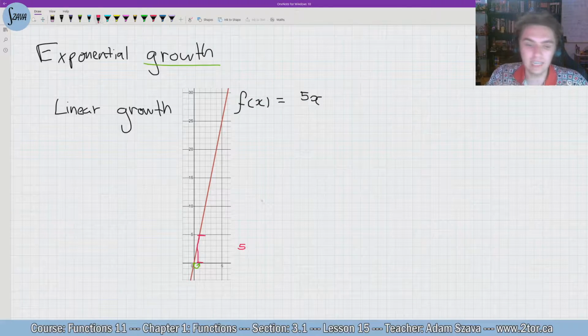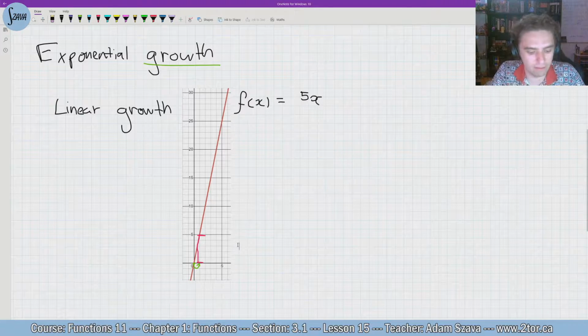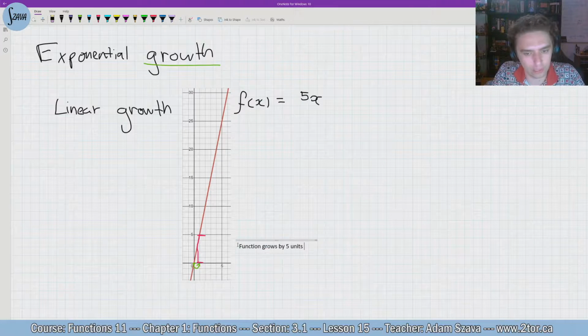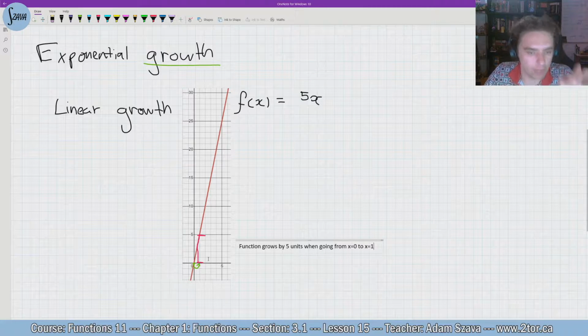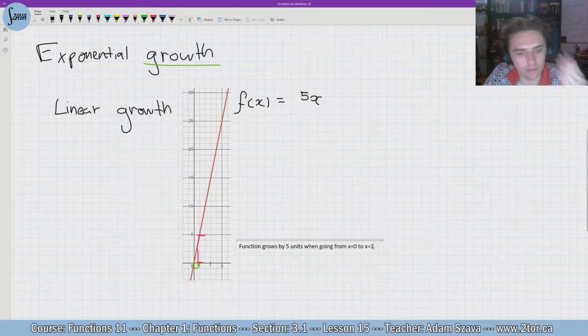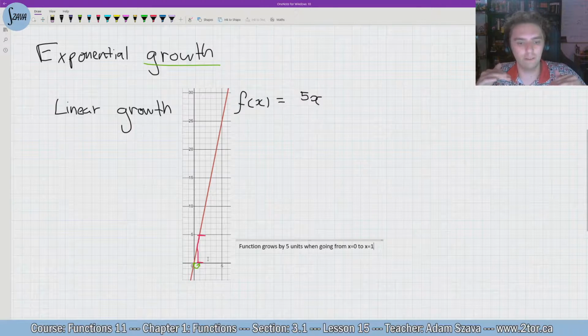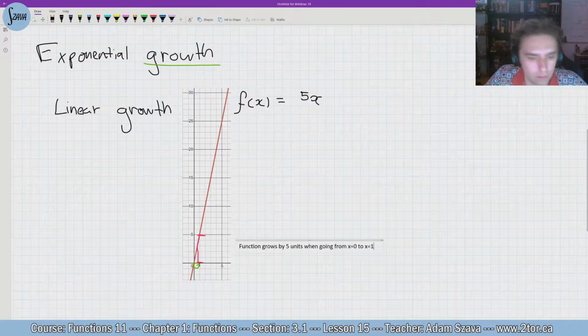So we can say that the function grows by 5 units when going from x equals 0 to x equals 1. Because when I go from x equals 0 to 1, the height of the function increases by 5, going from 0 to 5.